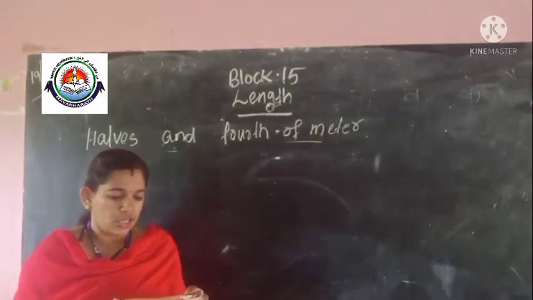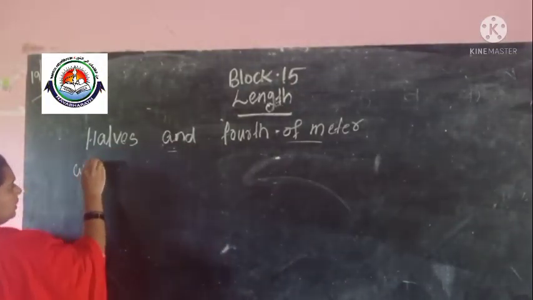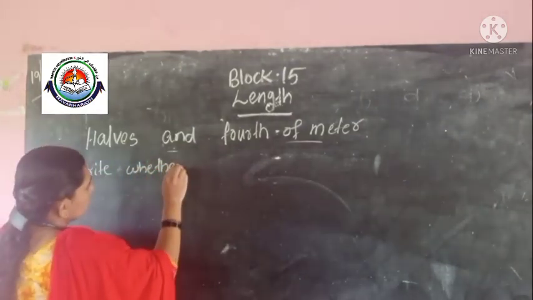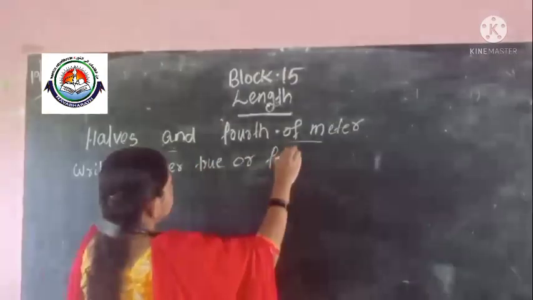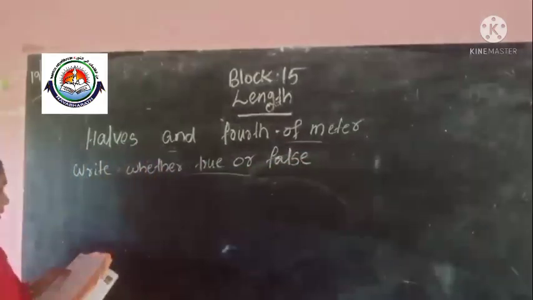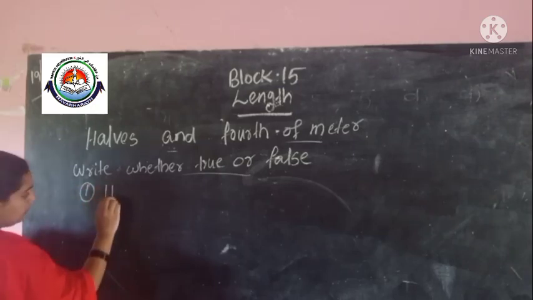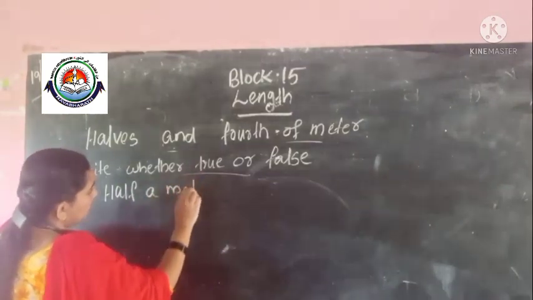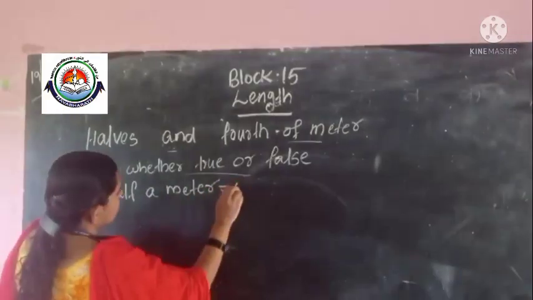Okay, write the next question. Write whether true or false. First question: half a meter is equal to 5 centimeter.